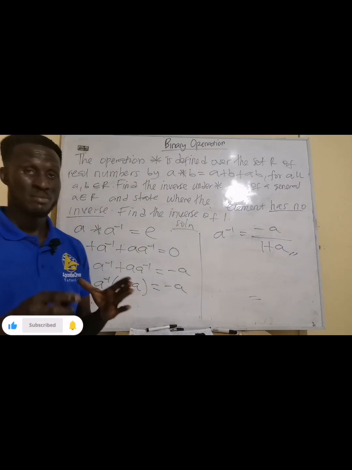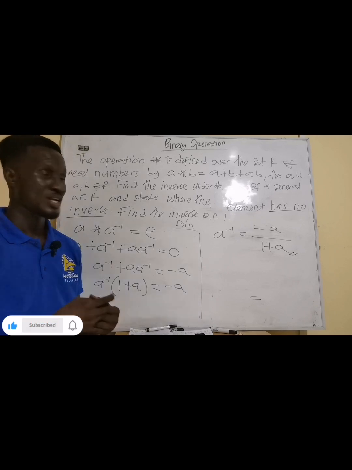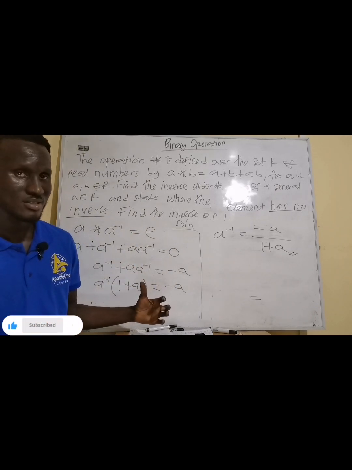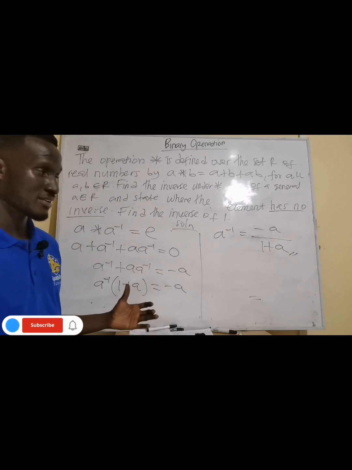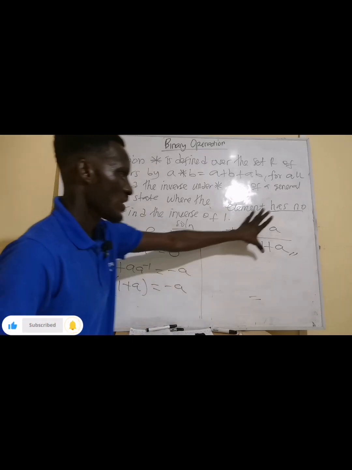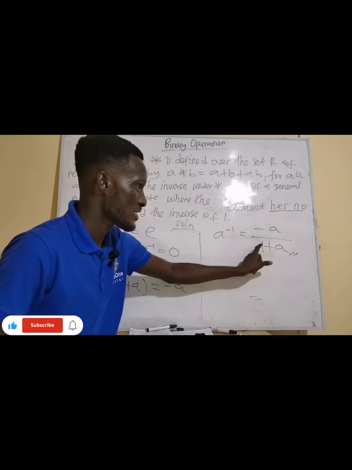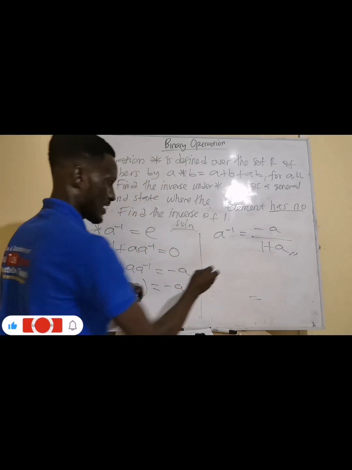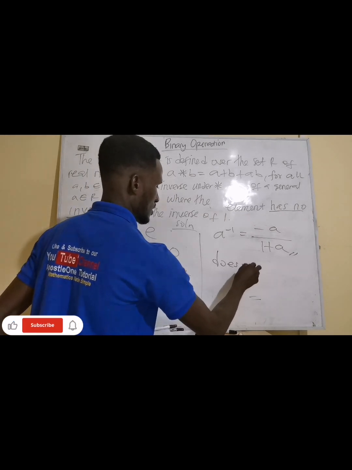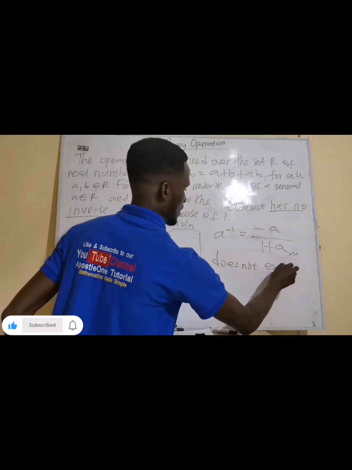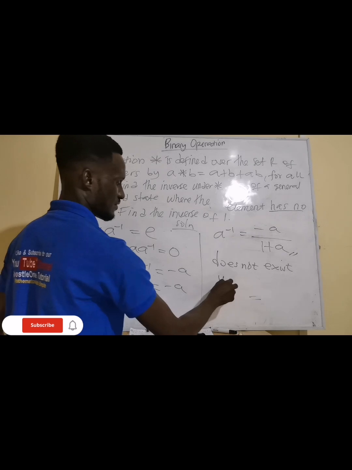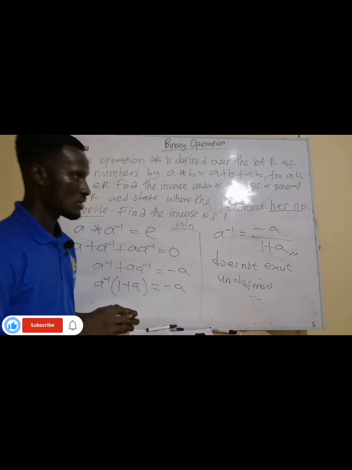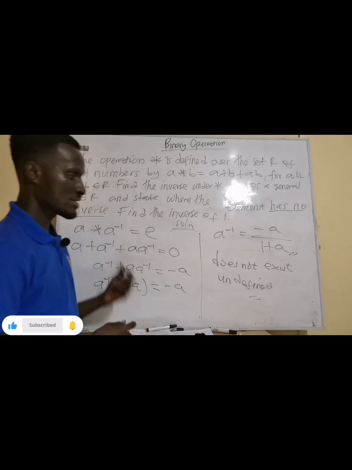As I said, if the element has no inverse, it means that the whole thing is supposed to be undefined, or it shouldn't exist. This one will not exist, or will not have an inverse, if the denominator is equal to 0. Does not exist, or undefined, is the same as has no inverse.